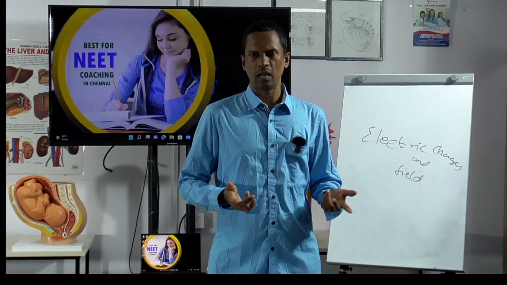So the conductor should have a high conductance, and the insulator will have a high resistance. If the conductor has high conductance, its resistance should be very low.